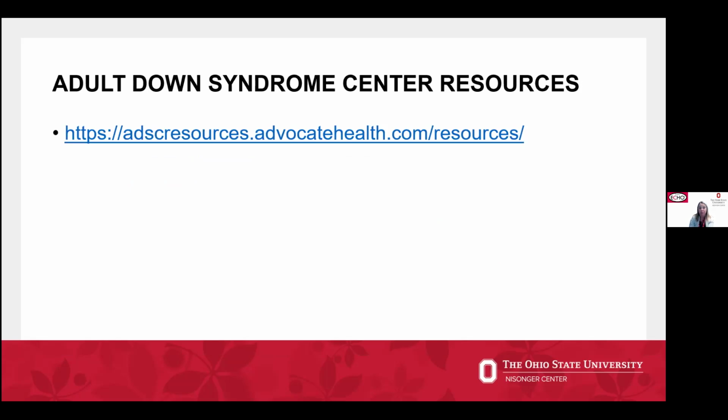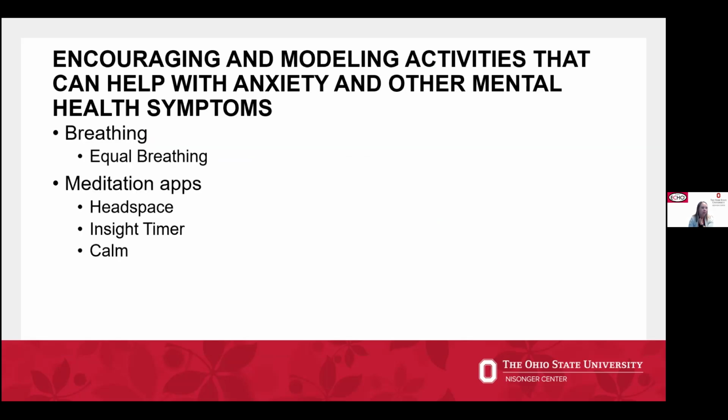One of my newly found favorite resources is the Adult Down Syndrome Center Resource Center that has a fabulous visual supports for folks with Down syndrome, as well as anybody else who likes visual supports. There are therapy-based visual supports, adaptive behavior visual supports, lots of great stuff there.